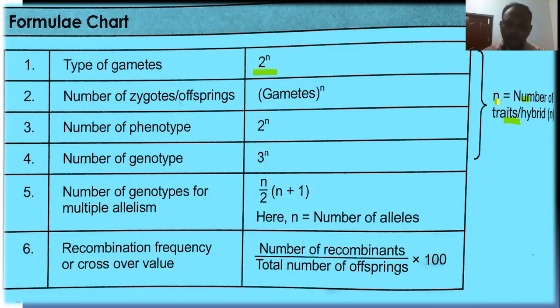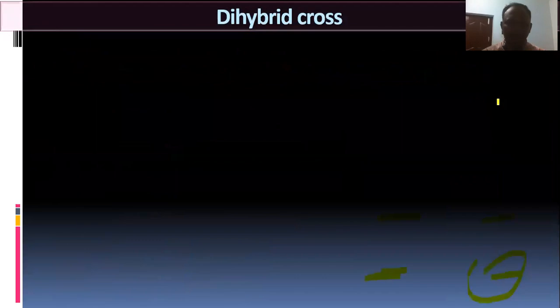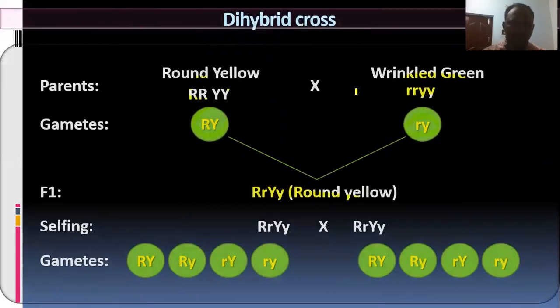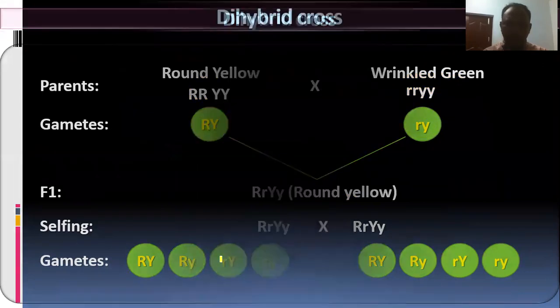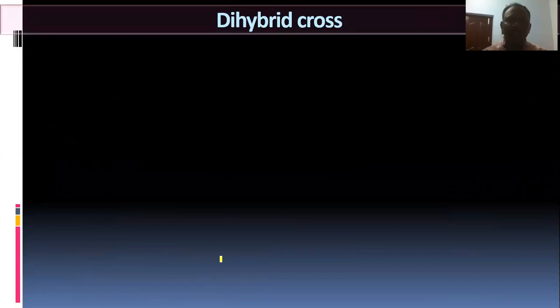How many gametes will we get? 2 into 2, 4 we will get. See here, totally 4 types of gametes. If it is only one trait, we will get only 2 types of gametes. This is the formula to calculate the number of gametes: 2 power n, right?